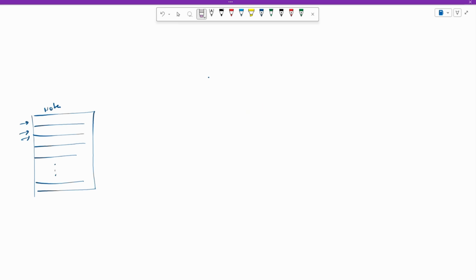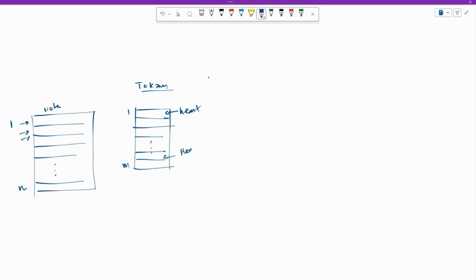We have a bunch of tokens. Again, let's say we have n nodes and we have m tokens. Each token is an individual text. For example, this could be the first token. This token could be, I don't know, headache.